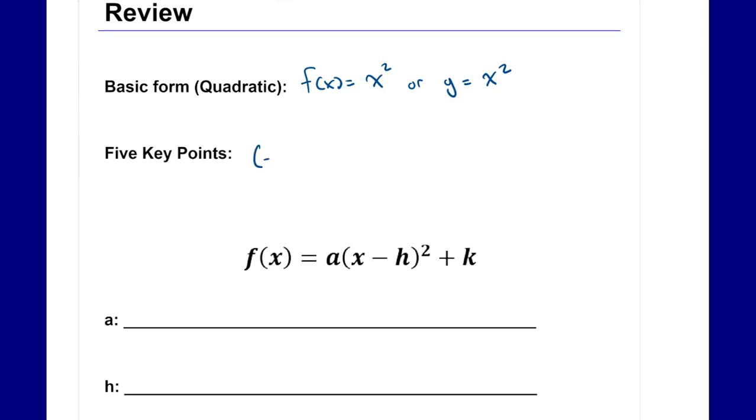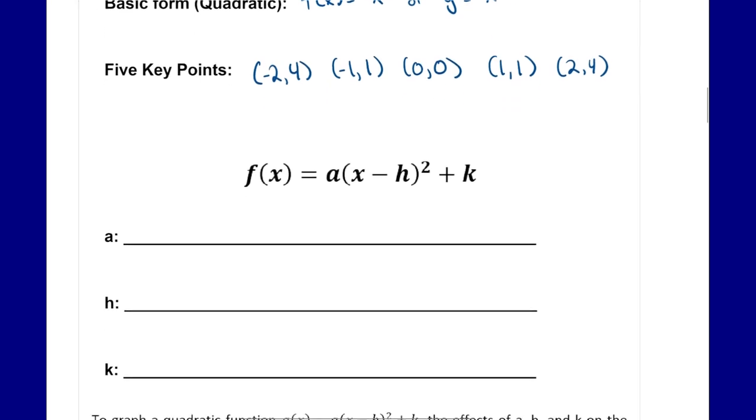We had (-2, 4), (-1, 1), (0, 0), (1, 1), and (2, 4). Those are the 5 key points that we're going to use, and we're going to need to know them when we look at these transformations and how to come up with these transformations or sketch the transformations.